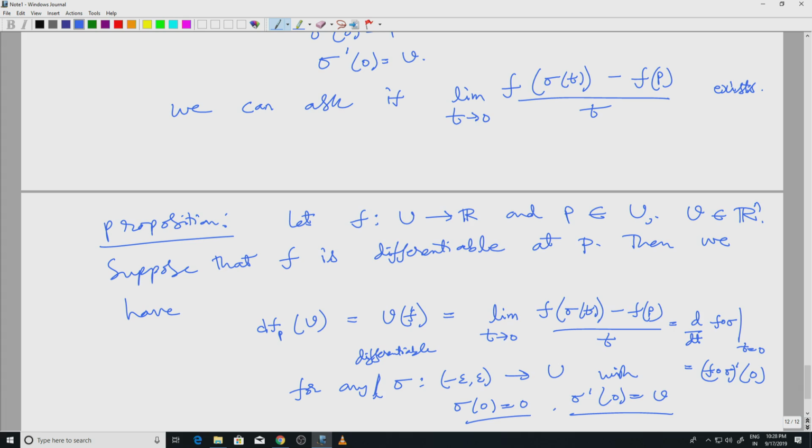But there is also something else here, namely the middle quantity equals the last quantity.